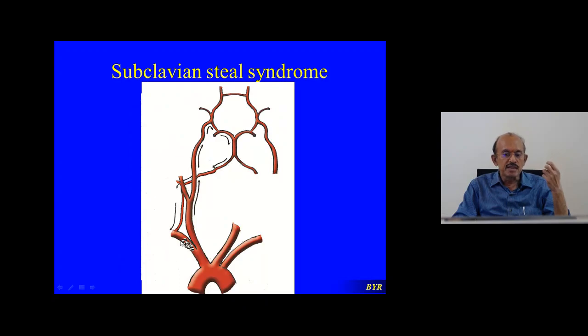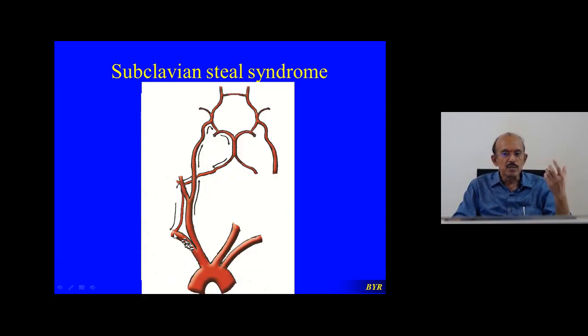Then what it will do is it will suck the blood through the collaterals of this circle of Willis. So the blood from the common carotid artery, which has gone into the circle of Willis, will pass through the circle of Willis and enter the subclavian artery because there is demand.